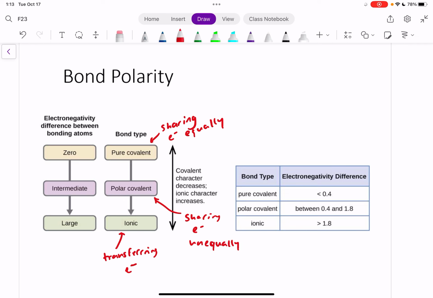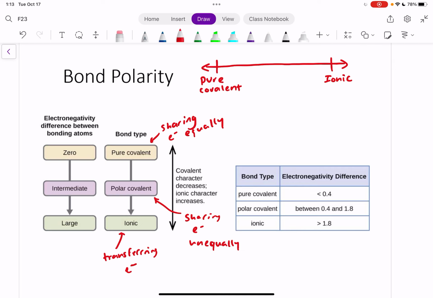I actually like to think of this as a scale or a spectrum, where on one side, on the left, you've got pure covalent. And on the right, kind of the opposite, is ionic. In pure covalent compounds, we are sharing those electrons completely equally.